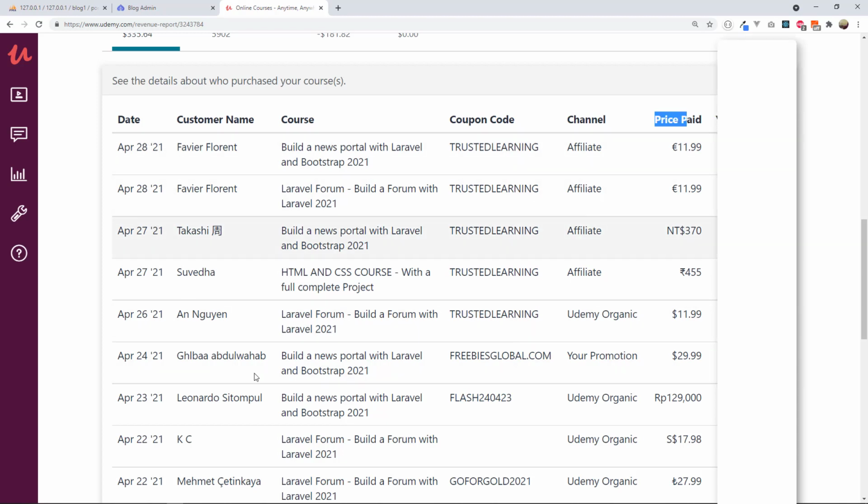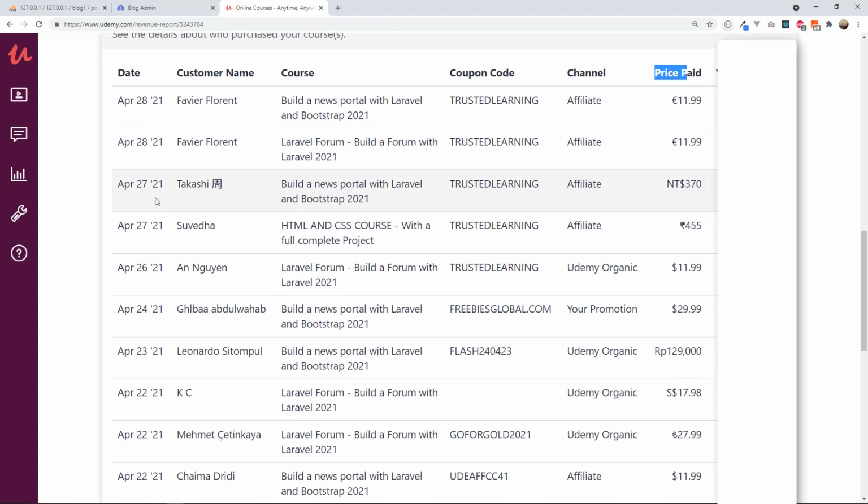Let's start from the 28th. On the 28th, I had 2 sales, and the courses that I sold were Build a News Portal with Laravel and Bootstrap 2021, and Build a Forum with Laravel 2021. On the 27th, I had 2 sales, the same 2 courses.